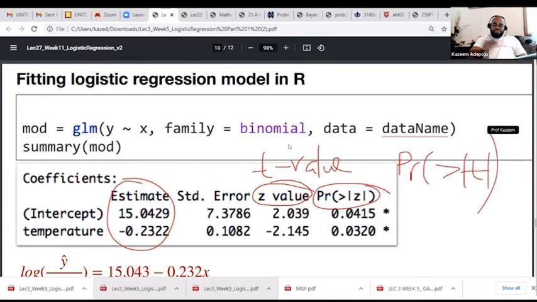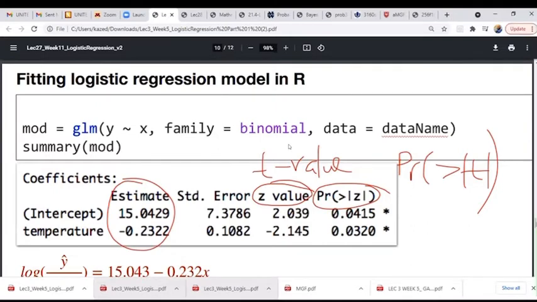So that is the difference between the linear regression output and the logistic regression output. The logistic regression output will have a z value instead of a t value. Have I answered your question? Yes, thank you. You're welcome.